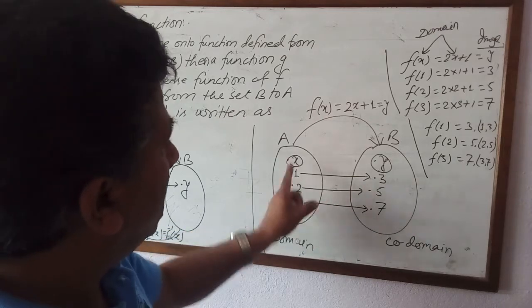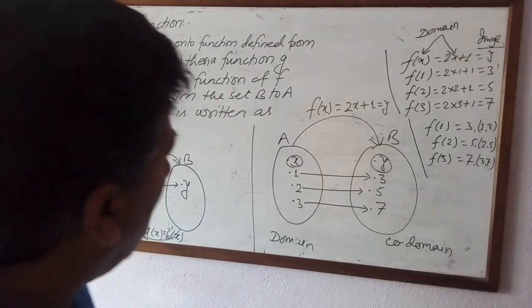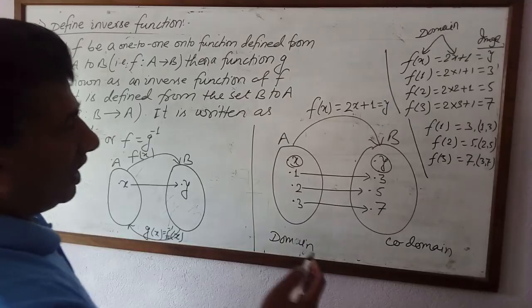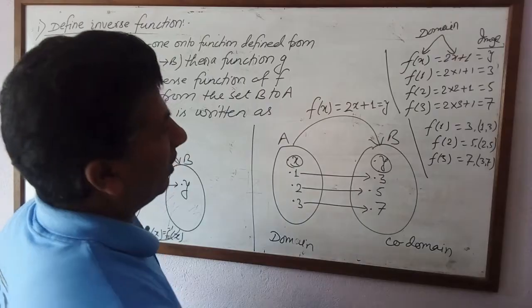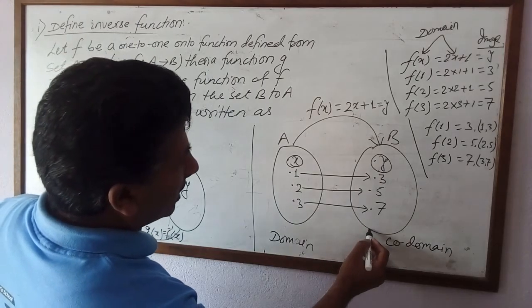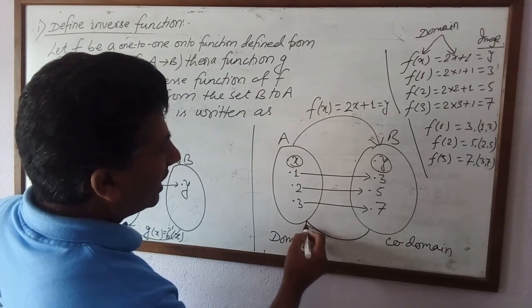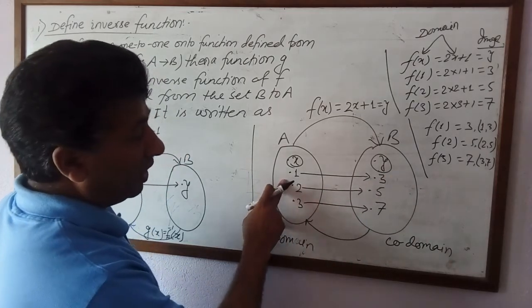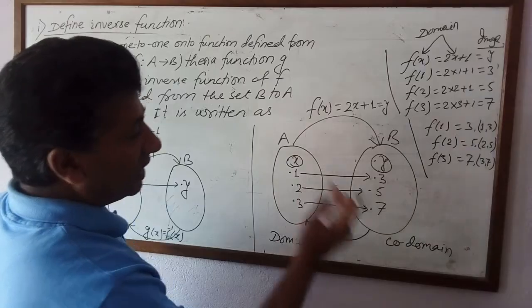Each has one image. This is one example of a function. Now in this function, how to find the inverse? Inverse function means there is another function which changes all these images again back to 1, 2, 3. That will be its inverse.